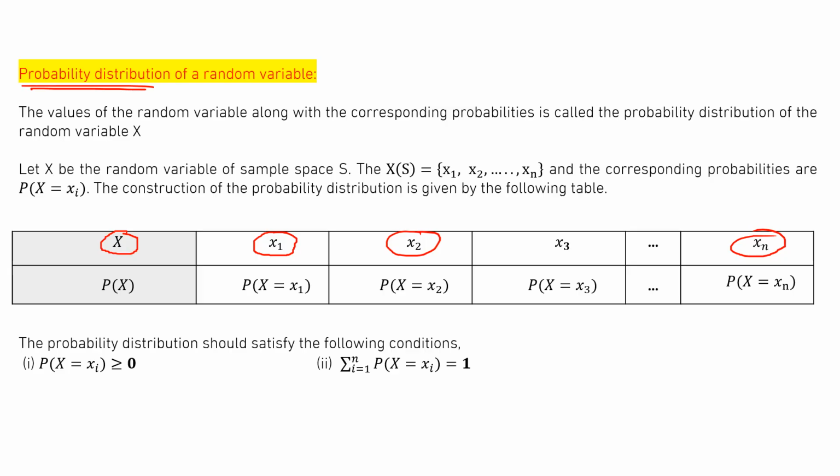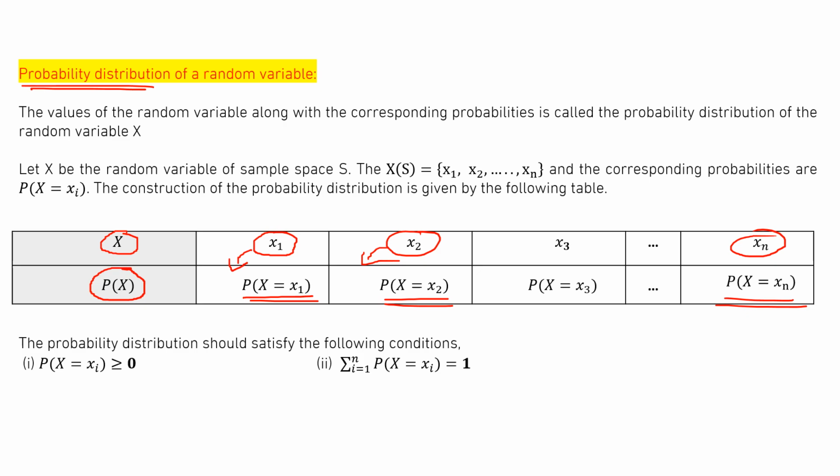Then for every value of x, we assign a probability value, which you can write in the second row. Let me write P of x. If I take the probability for the first value, we say probability of capital X equal to x1. For the second value x2, we define probability of capital X equal to x2, up to the last value, probability of capital X equal to xn.